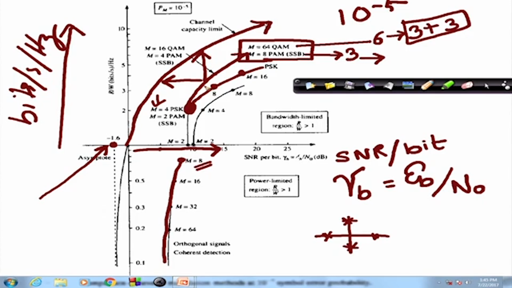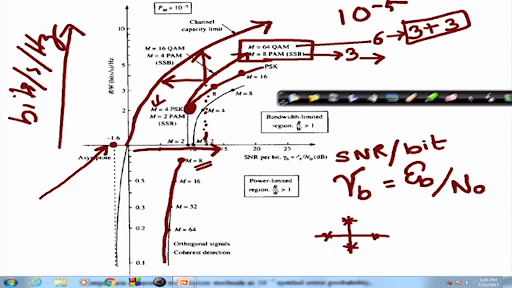That means, at a certain Eb/N0, this particular point is the maximum number of bits per second that one can achieve with negligible amount of error, whereas we see that the PAM kind of curves follow this. So, there is a capacity gap between the maximum limit and what can be achieved by PAM, right.